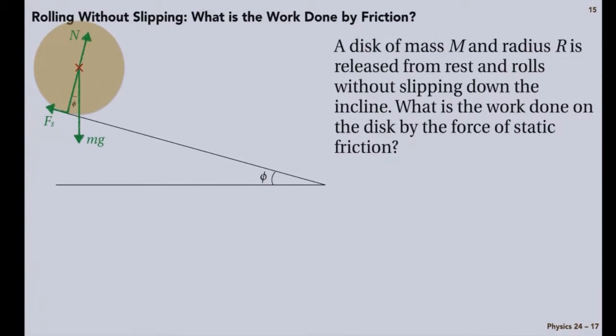We have gravity at the center of mass. We have a normal force that's applied at the point of contact and normal to the incline, and we have a force of static friction. Now, is it clear that that needs to point up the incline, not down?